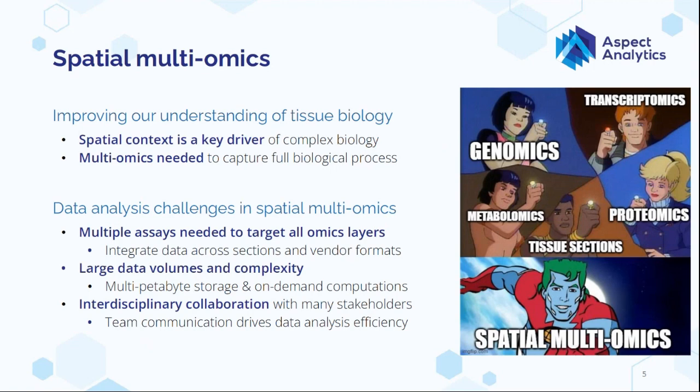If I want to do transcriptomics, proteomics, and say metabolomics, I'm going to be using 2 or 3 different devices, typically on serial sections. And we have to somehow consolidate all this different data that is acquired in different formats, different spatial resolutions, and everything.